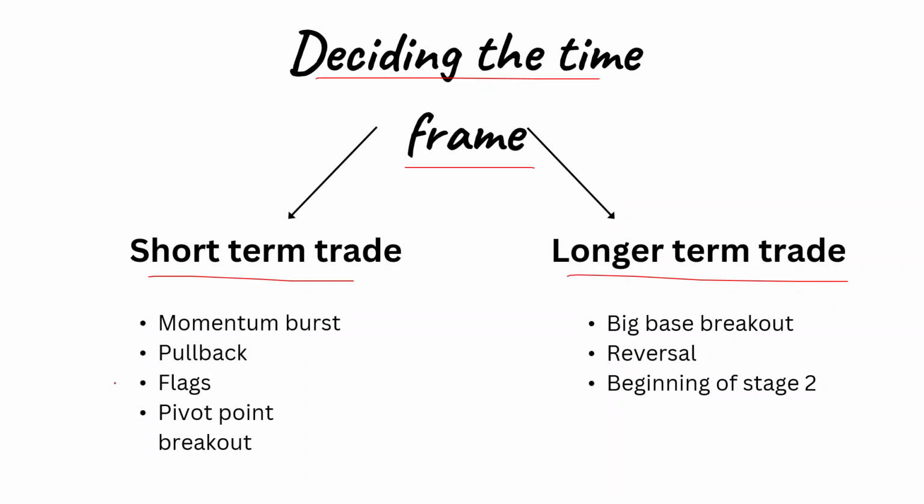Because in the short term, what you need is a stock that is in momentum like this, and for the long term, what you are trying to do is catch the stock at a point where the momentum is just starting, right? That is the main difference between the short term and the long term, first. And second thing is that in short term, you need a quick move. You need the stock to move very fast so that you can book profit and move to the next one.